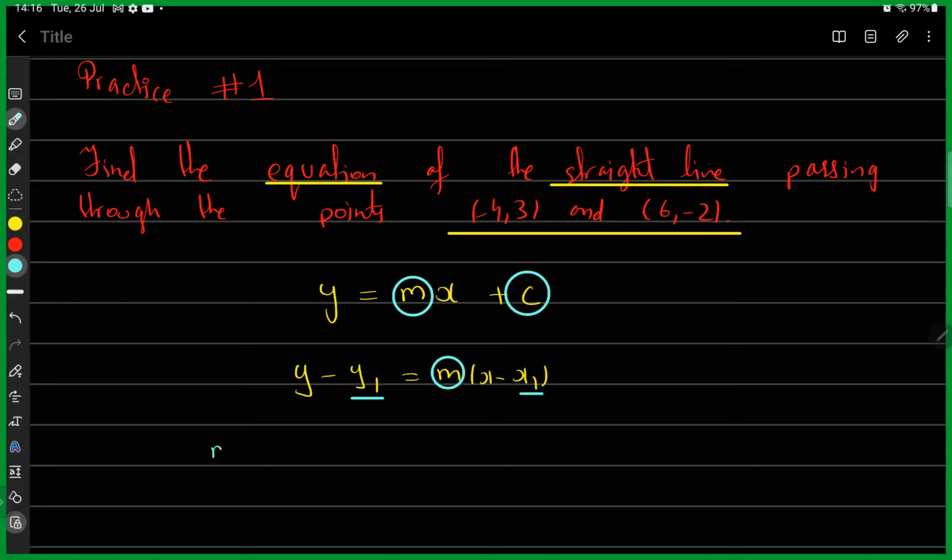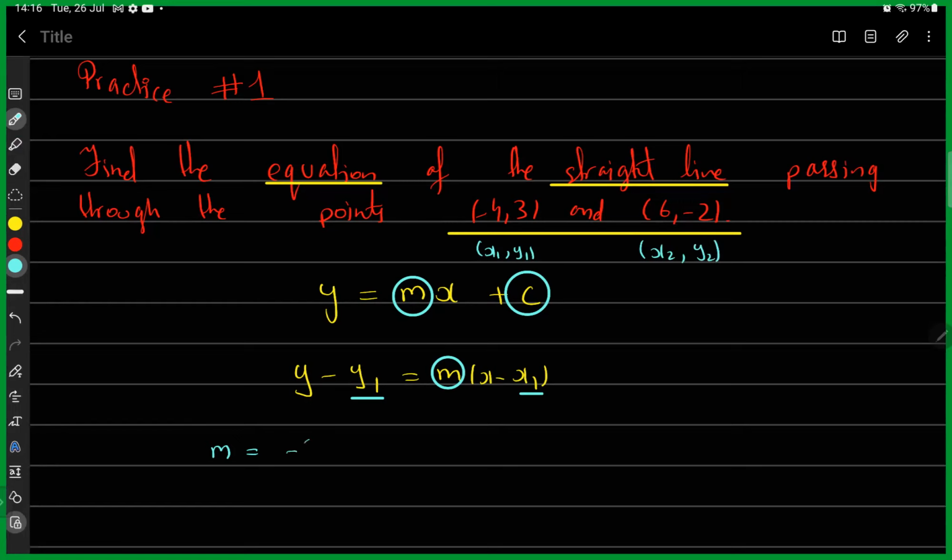In order to find m, the formula is (y2 minus y1) divided by (x2 minus x1). So this is x1, this is y1, this is x2, this is y2. You can name it the other way around as well, and your answers are going to be correct.